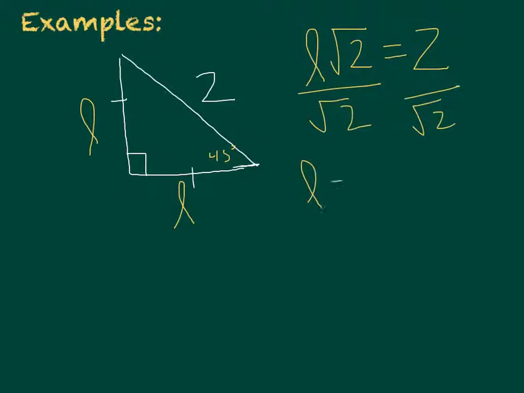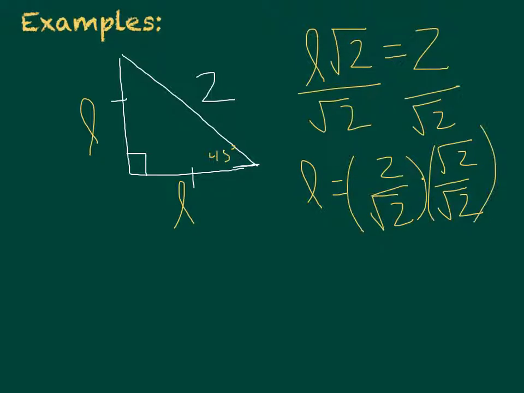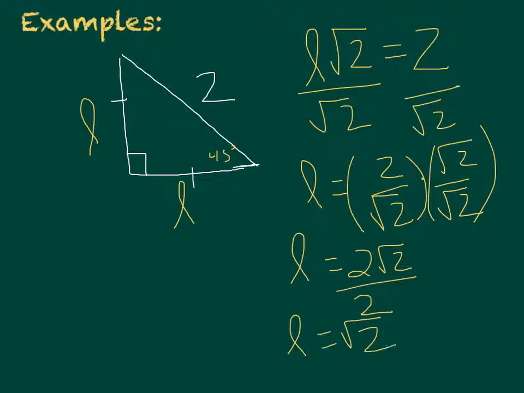We have that L is equal to 2 divided by radical 2. Rationalize the denominator. Again, I have another video to demonstrate that. And we get 2 radical 2 divided by 2, and so L is actually equal to radical 2.